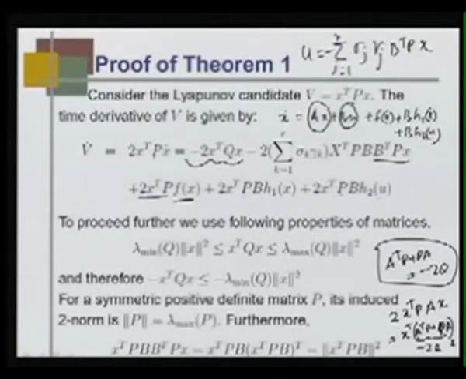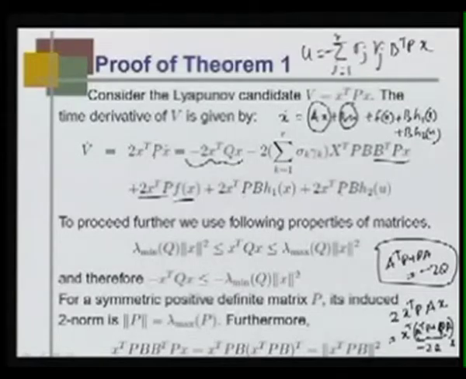Further, using the properties of matrices, x transpose q x can be bounded by two quantities. The lower bound is lambda minimum, the minimum eigenvalue of q, times x norm square, and the upper bound is lambda max, the maximum eigenvalue of q, times x norm square, because q and p are symmetric matrices, so the maximum singular value is the same as the maximum eigenvalue.